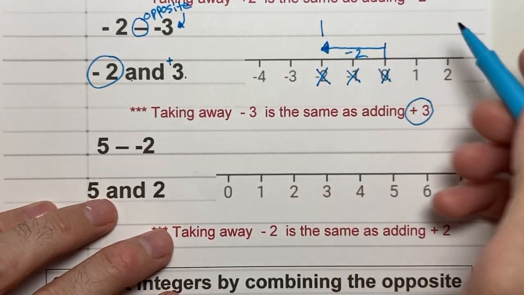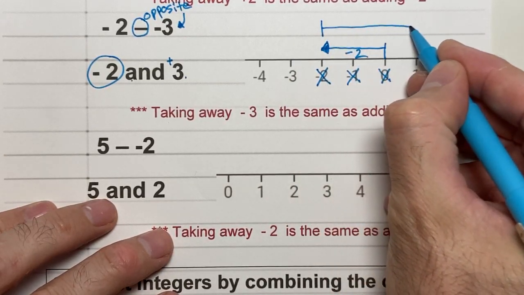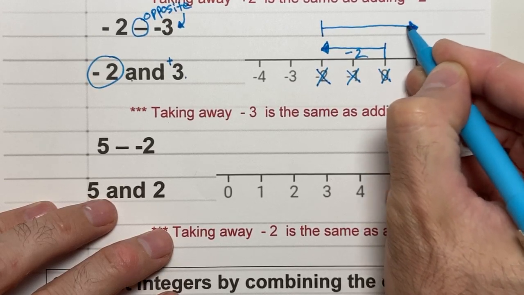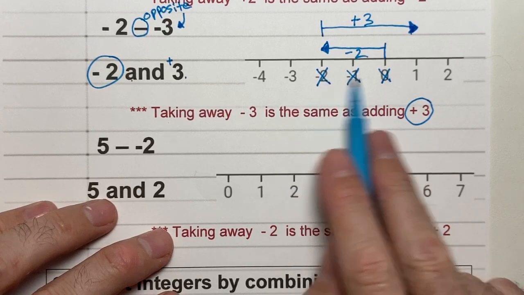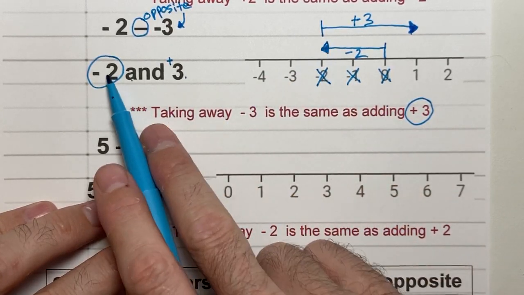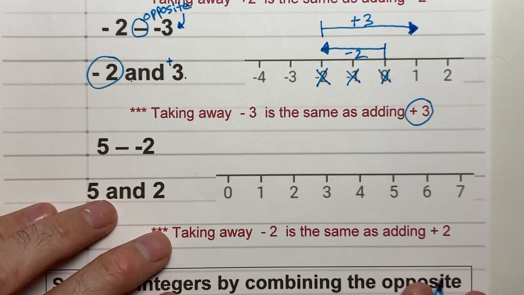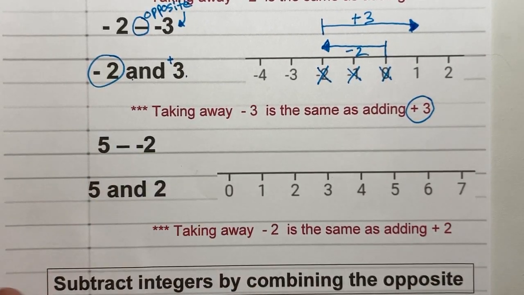So taking away negatives means we're going in the positive direction. So if we take these away, that's the same as 2 negatives and 3 positives. So this still checks out.